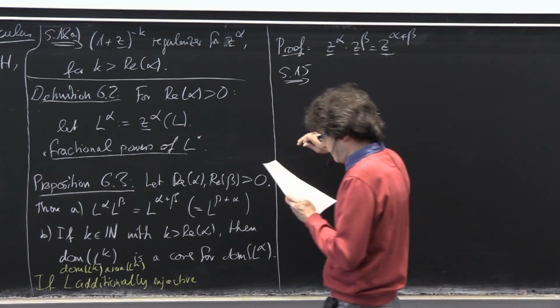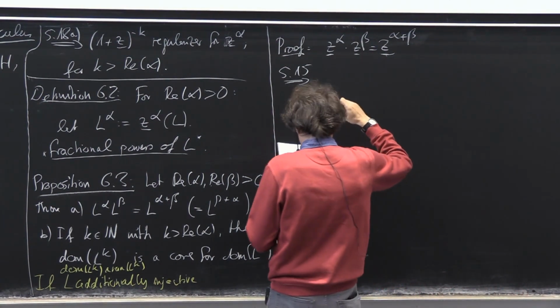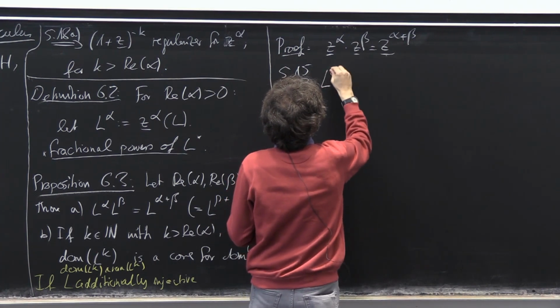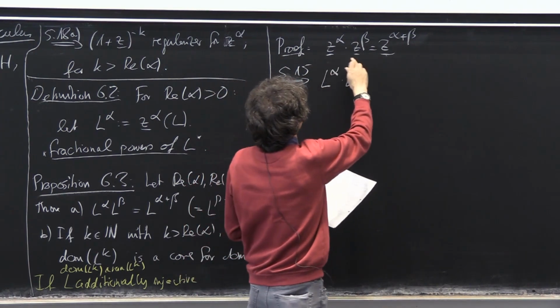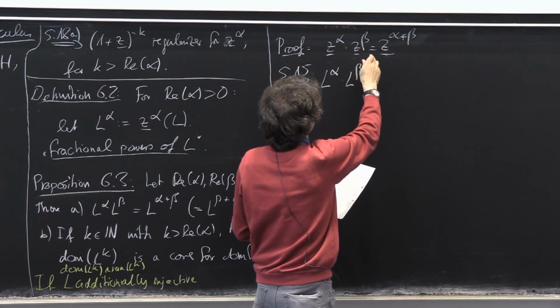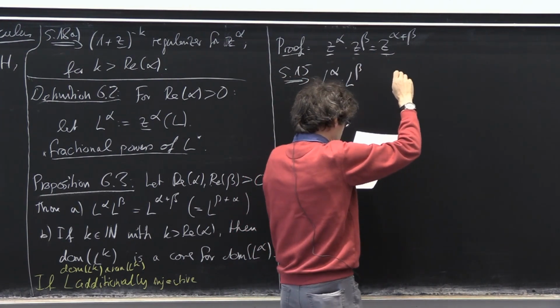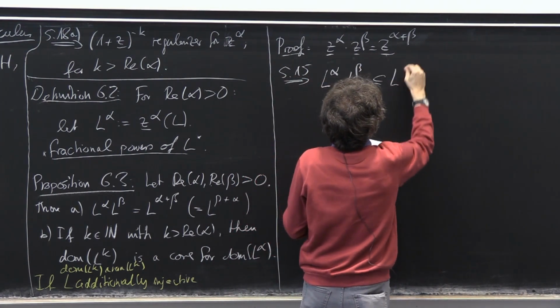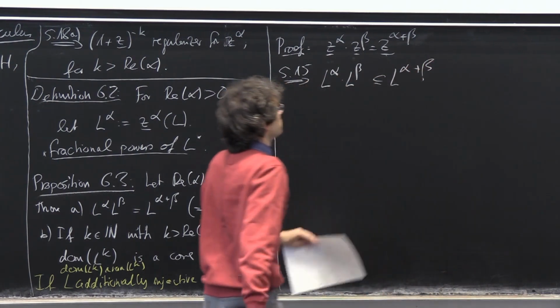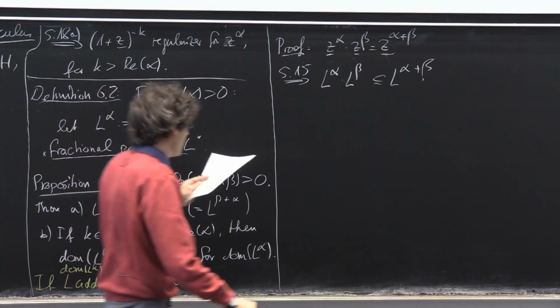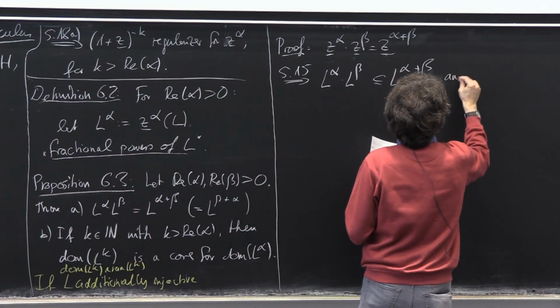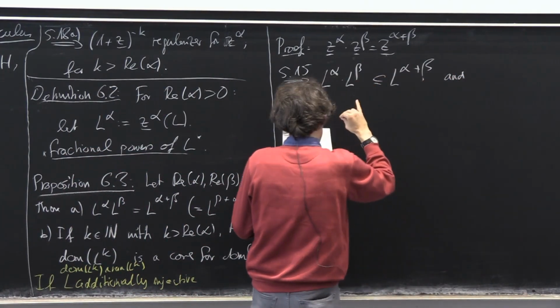And so what 5.15 tells us here is that if you plug in L, you have two functions that multiply, then you do not get equality here in general, but you get an inclusion. So that was what was formulated in 5.15. You get an inclusion here, and you also know how the domain of the product here looks like.